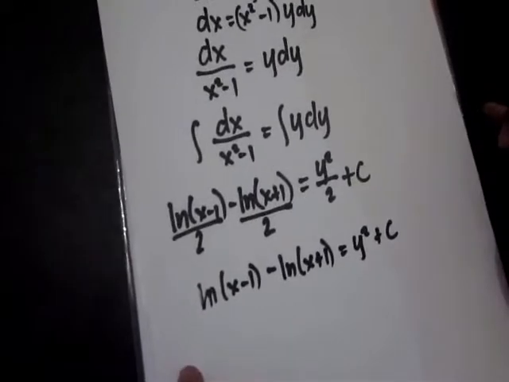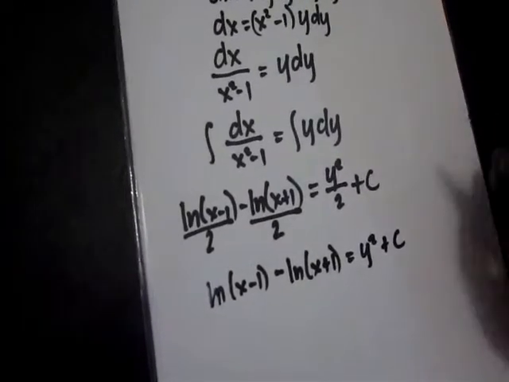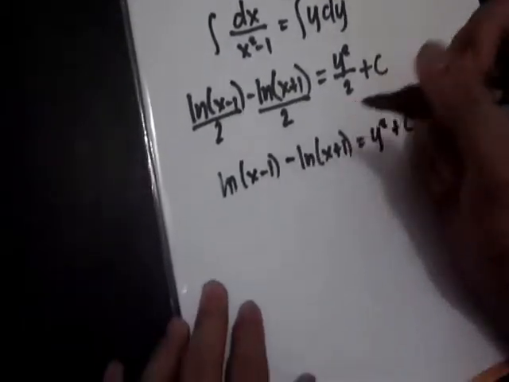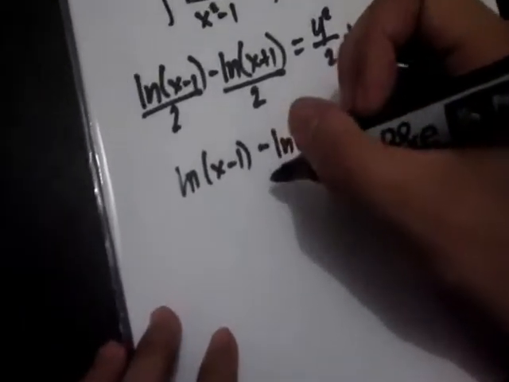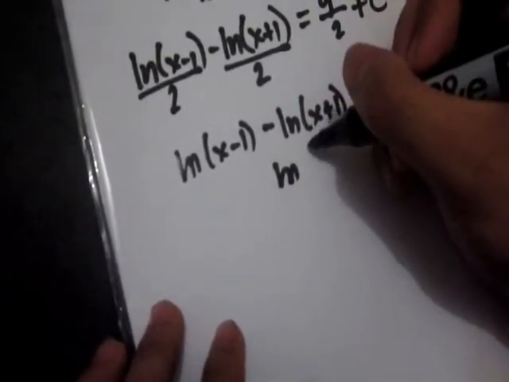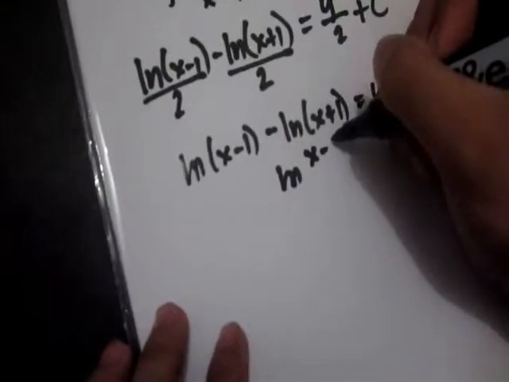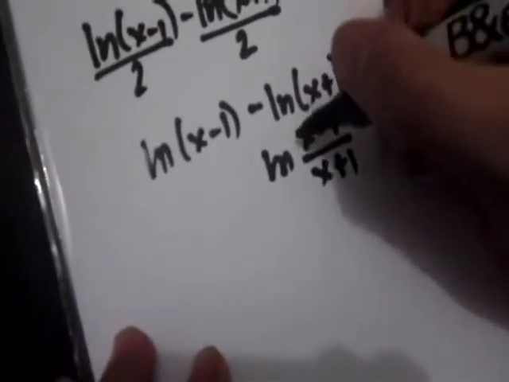Here, using the identity of the natural logarithm, we can simplify the left side of the equation, obtaining the natural logarithm of x minus 1 over x plus 1.